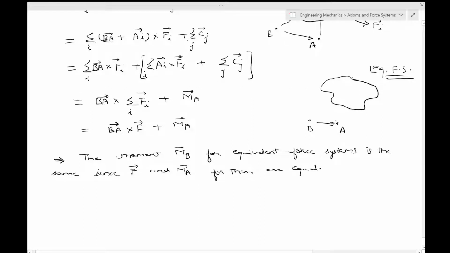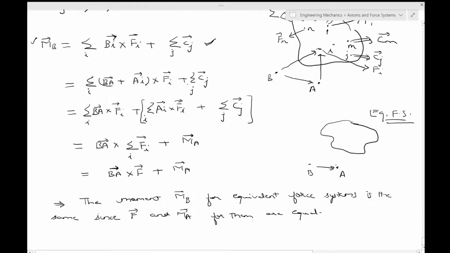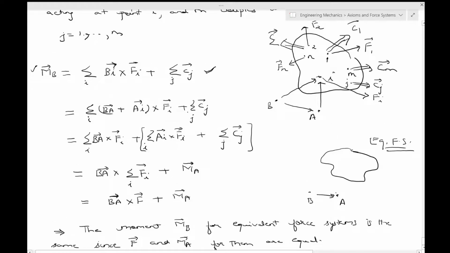So this is a proof which had these discrete forces and moments due to couple. The same can be extended if you have a continuous distribution of forces and moments.